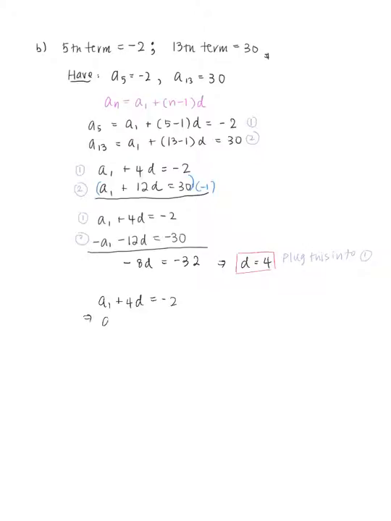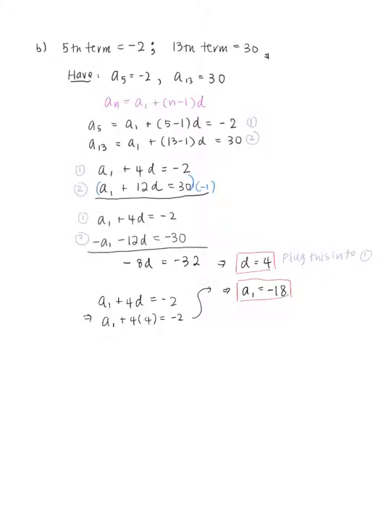So what we're going to get here is a sub 1 plus 4 times 4 equals negative 2. So that implies that our a sub 1 is going to be negative 2 minus 16, so negative 18. So we got our first term and the common difference.